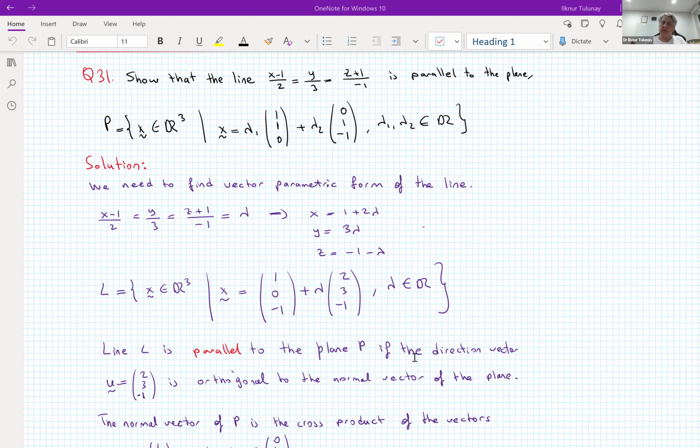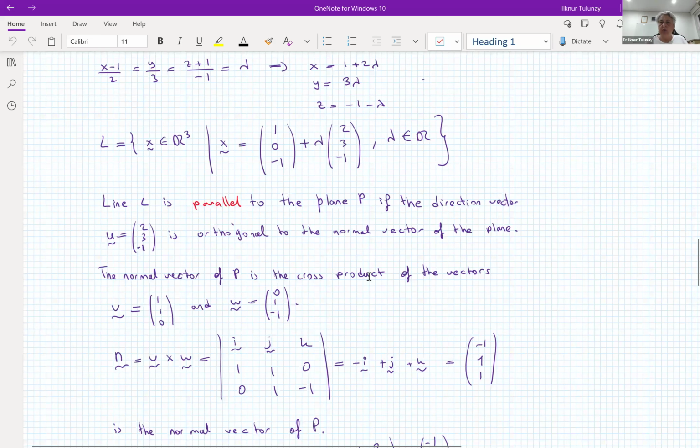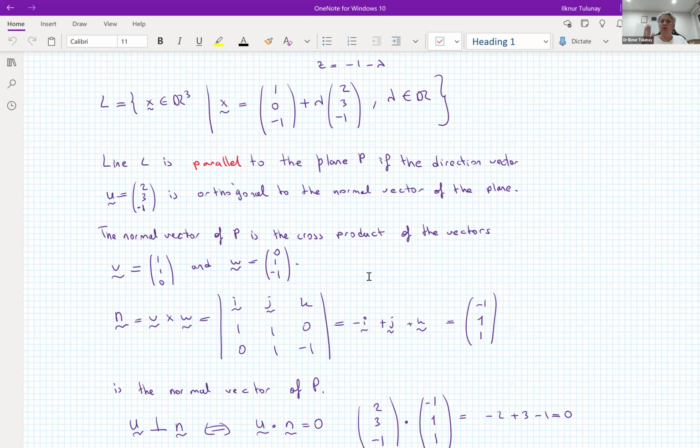There are several ways of doing it, because you could think about planes parallel to each other, or you could think about how the normal vector and the line interact with each other. And this is the one that we are going to take here. This is the definition here.